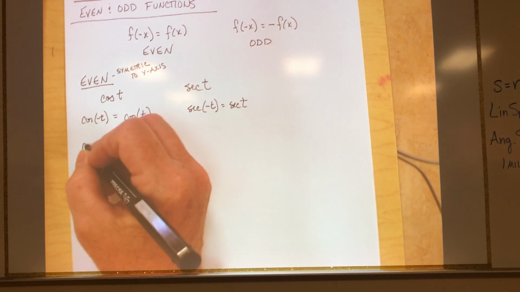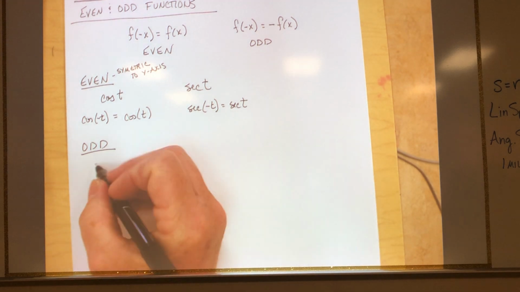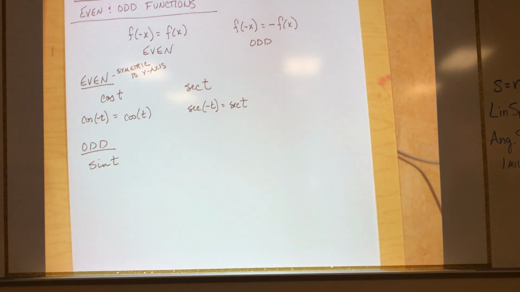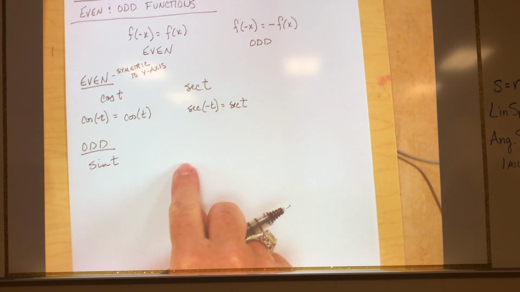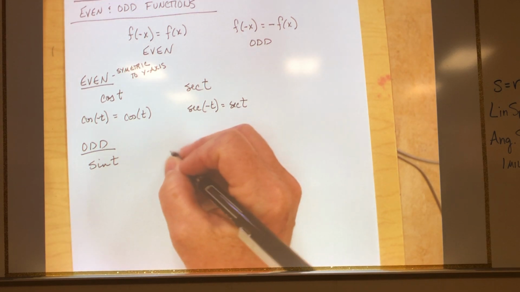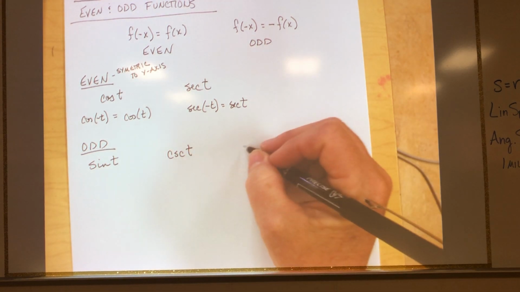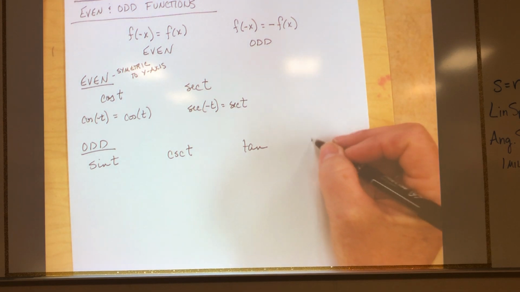All right, let's look at the odd ones. Okay, the odd ones are sine of t. And if sine is, what else is? Cosecant. And then also tangent, and what's his reciprocal? Cotangent.